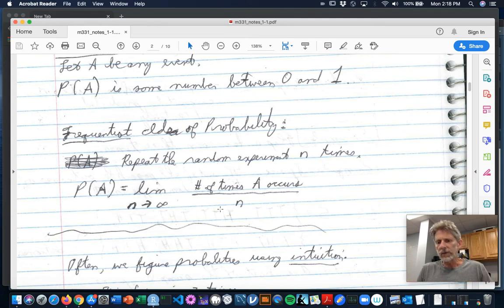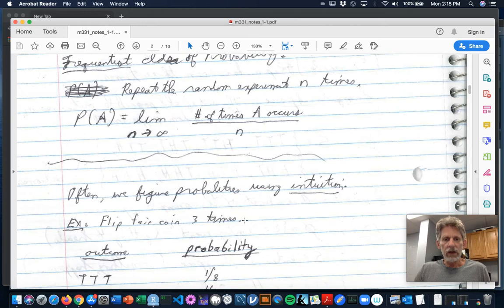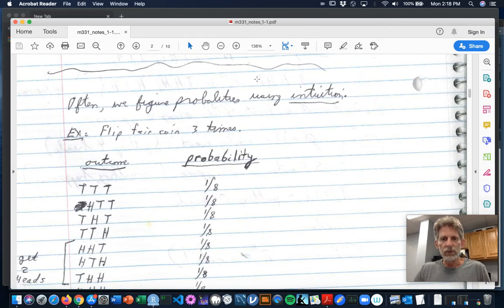And we got a little separate screencast where you work a little bit with R in the RStudio environment to try to get a feel for how these long-run proportions really do work out to what you intuitively consider to be the probability. But for now, we'll just use our intuition a lot of times to assign probabilities to events.